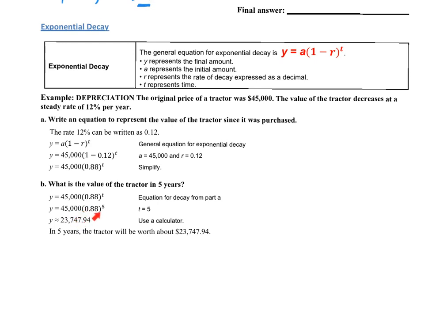Just remember your order of operations properly, and bango, you're going to end up with that tractor being worth $23,747.94 after the 5 years.